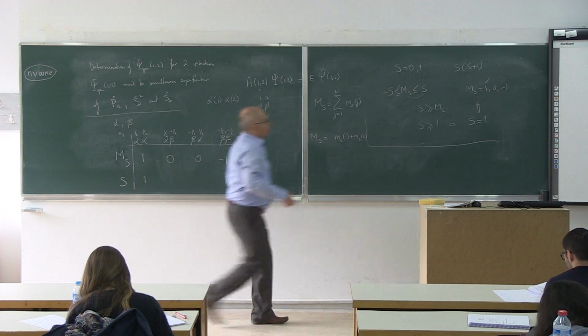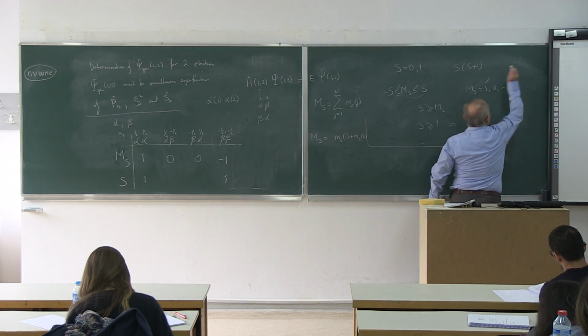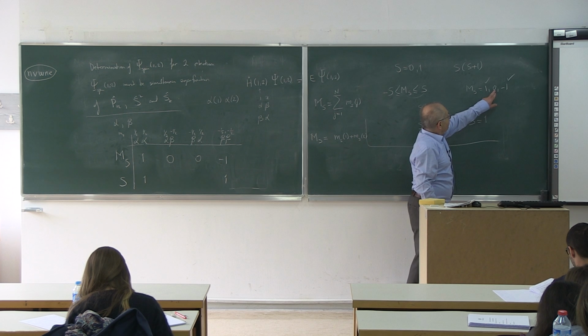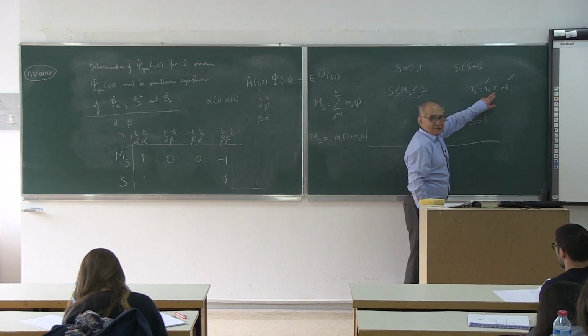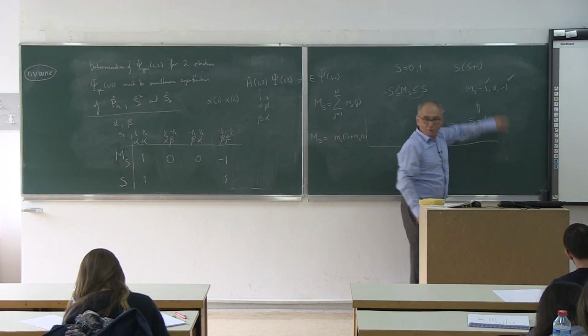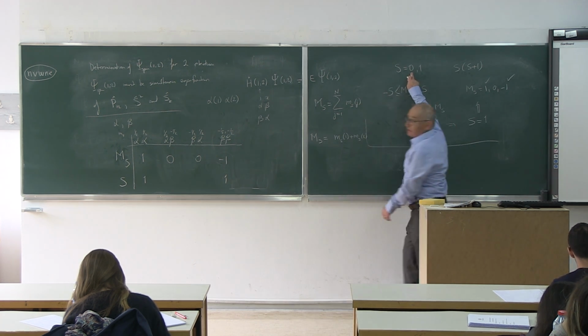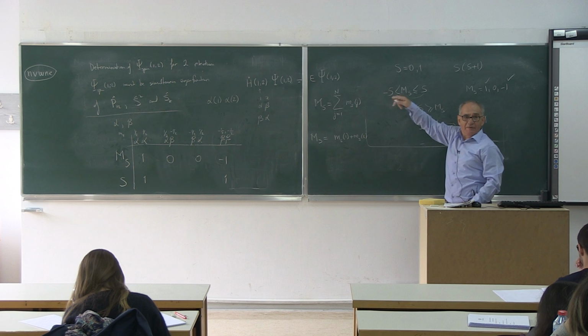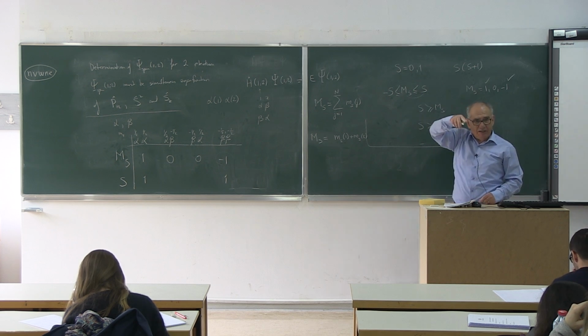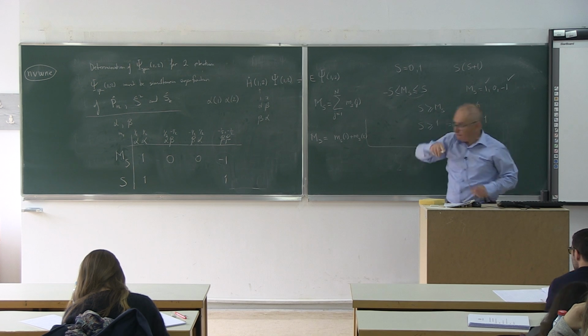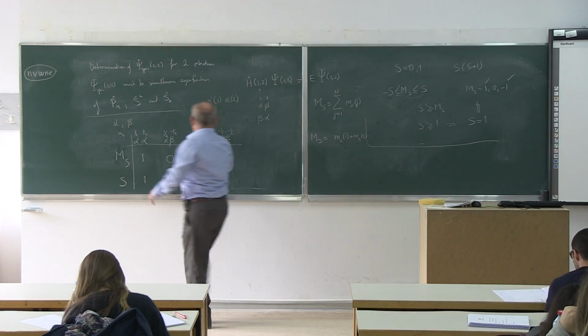So far, that we have done. We need an MS equals 0 component of S equals 1. But remember that there must also be S equals 0. If S is 0, there should be MS equals 0. There are two functions here.